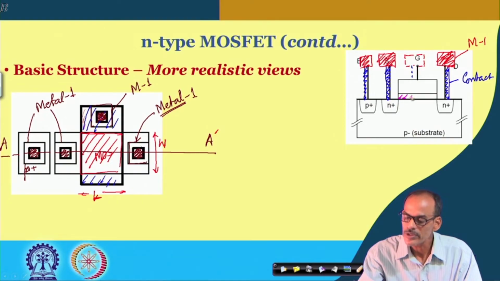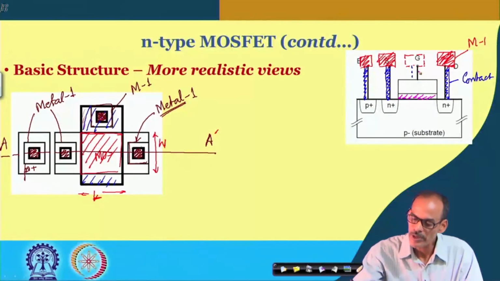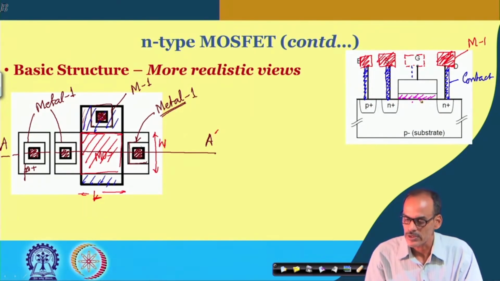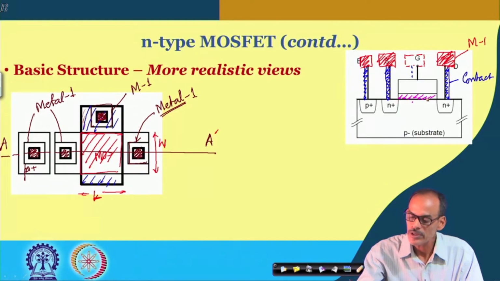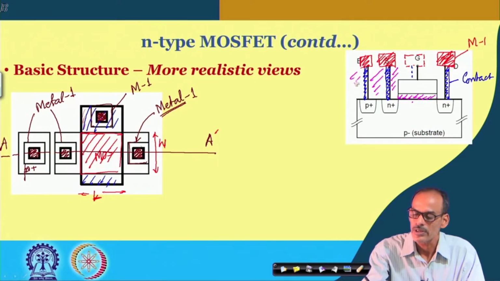This thin oxide plays a very important role, because we are applying a voltage here and through this thin oxide it influences the substrate in the channel region to change its characteristic. Beyond the channel region, we also have silicon dioxide. In fact, everywhere here it is full of silicon dioxide.